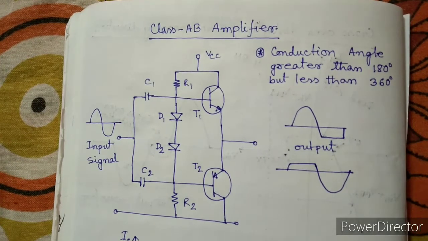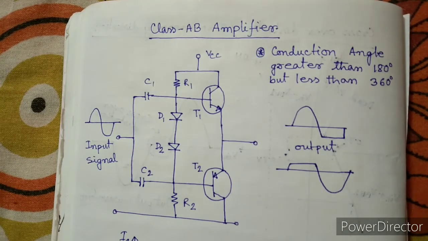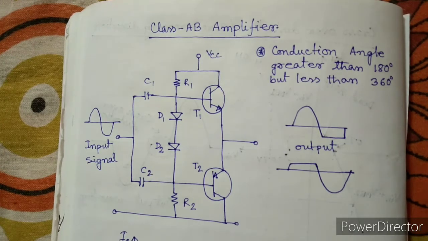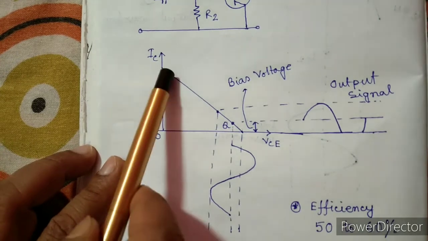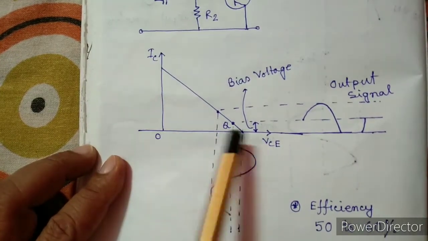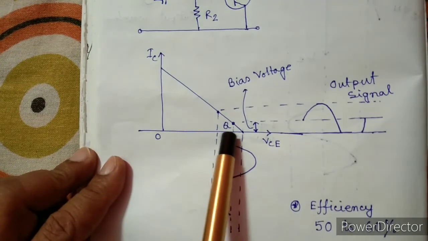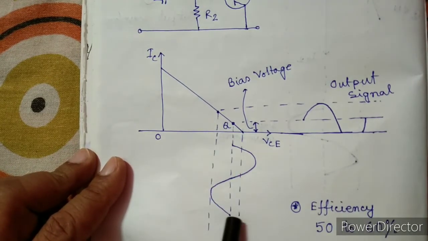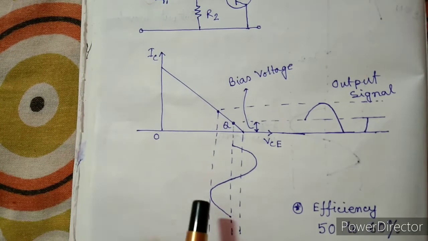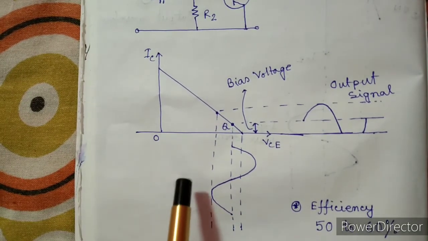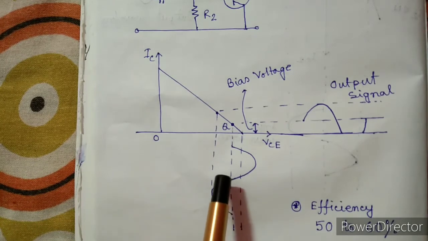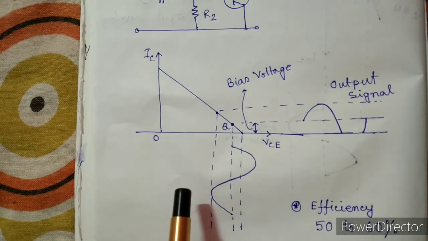We can avoid the crossover distortion problem in a class AB amplifier. In a class AB amplifier, the conduction angle is greater than 180 degrees, but less than 360 degrees. So, we have to choose the Q point in such a way. See, this is the load line, IC versus VCE, and we are choosing the Q point such that the conduction of the transistor will be for greater than 180 degrees of input angle, but less than 360 degrees.